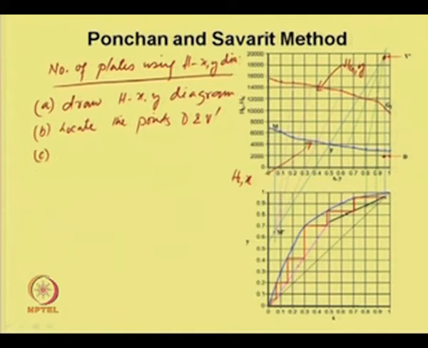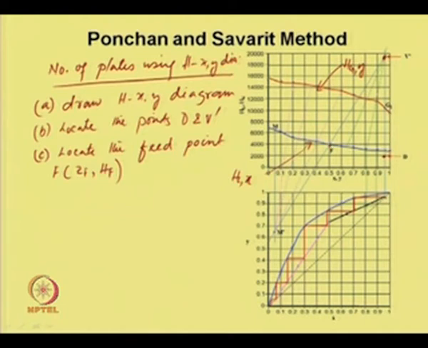Then locate the feed point, which is F, with ZF and HF, which is located over here.